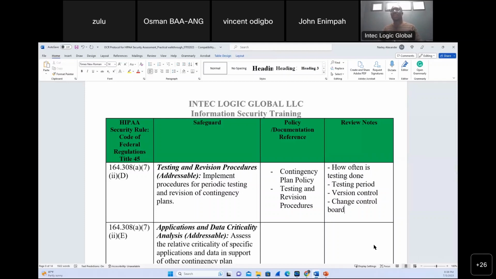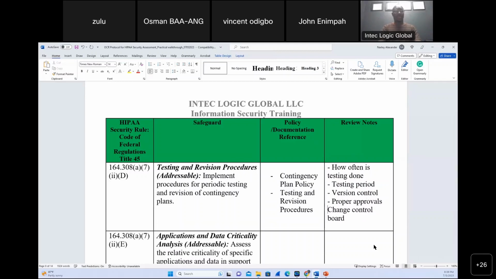You don't just get up and start performing changes or do testing. It has to go through proper approval, so let me put that there as a key point: proper approvals. By going through the change control board, you make sure that whatever testing you're going to perform, you follow the right policy.